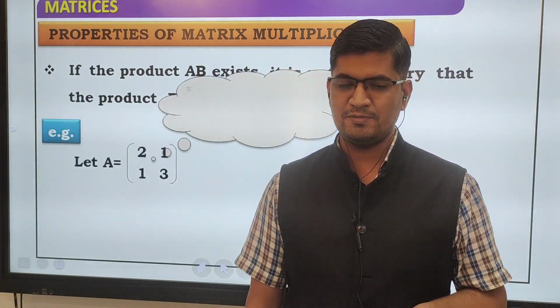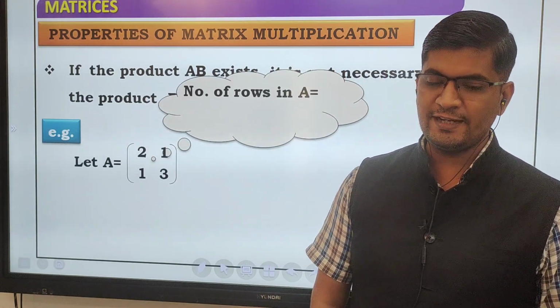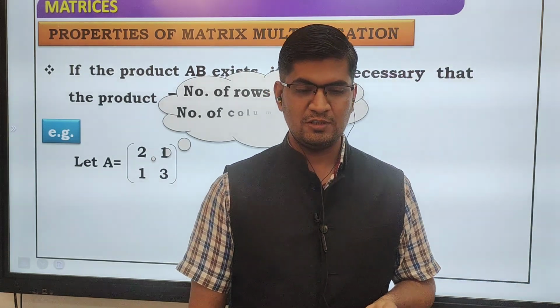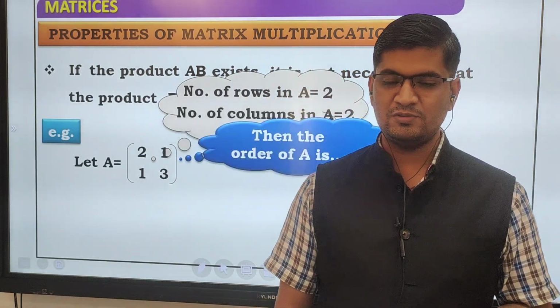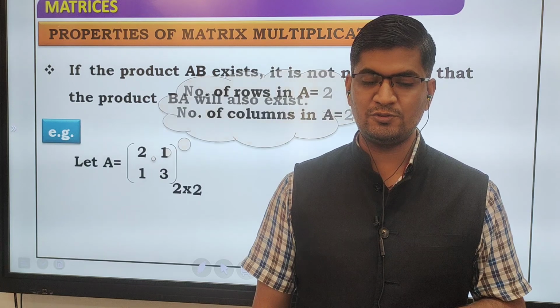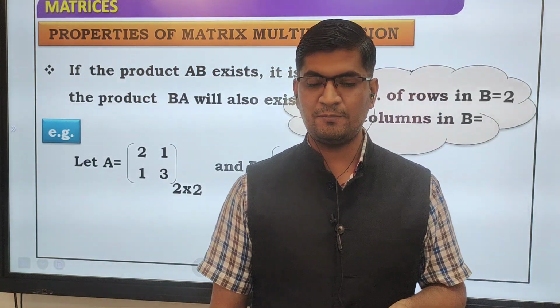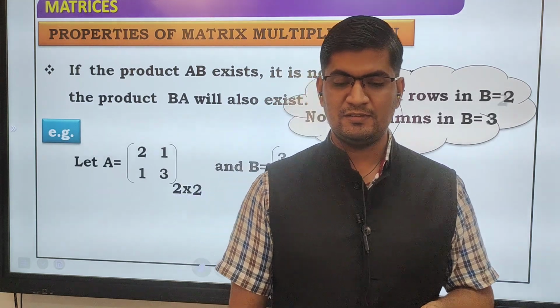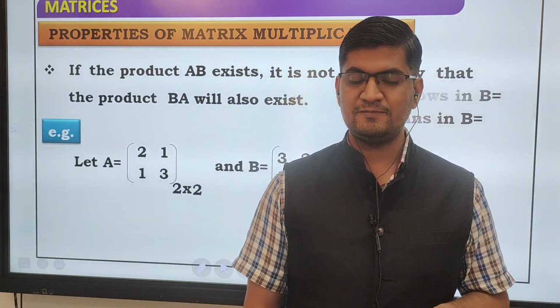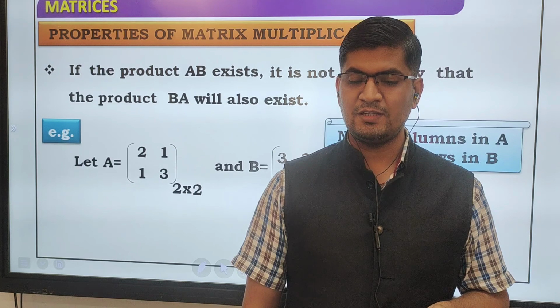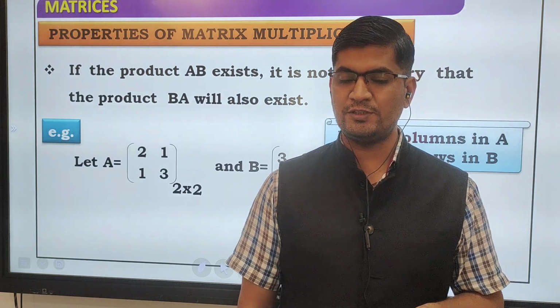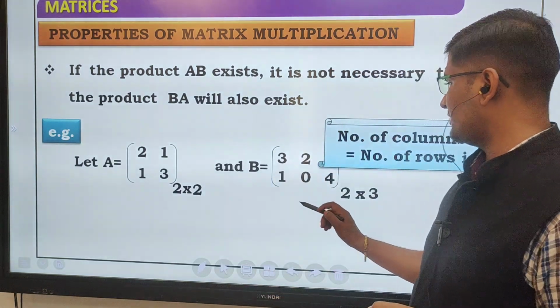Okay, see, number of rows in A is 2, number of columns in A is 2, so the order is 2:2. Number of rows in B is 2, number of columns in B is 3, so 2:3. Number of columns in A is equal to number of rows in B, so here multiplication is possible.